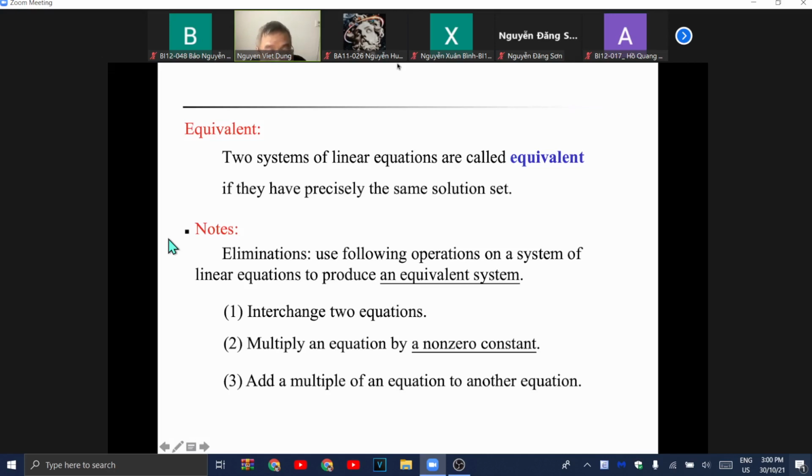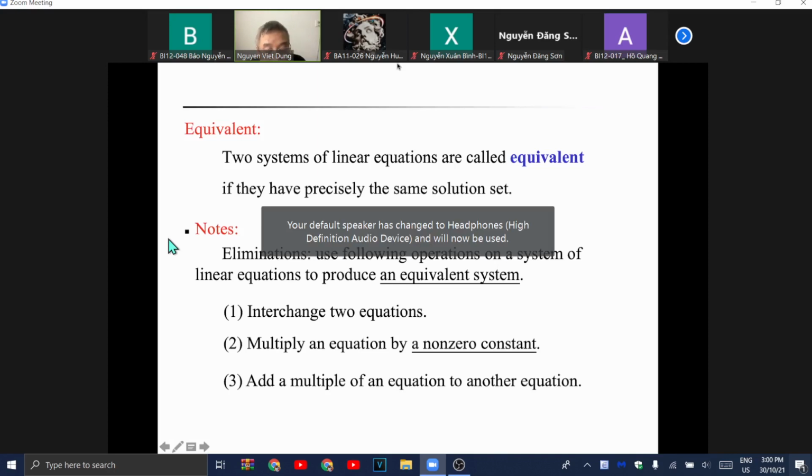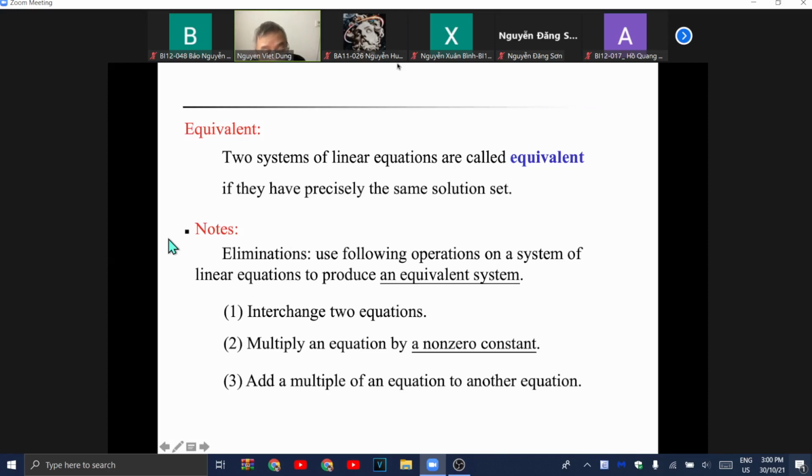In the elimination operation, we can eliminate equations by using one of the following operations. We call them elementary operations on the system of linear equations. We can interchange two equations. We can multiply an equation by a non-zero constant.